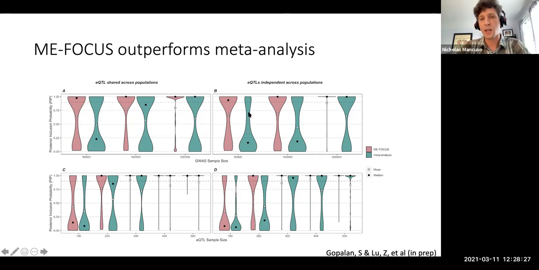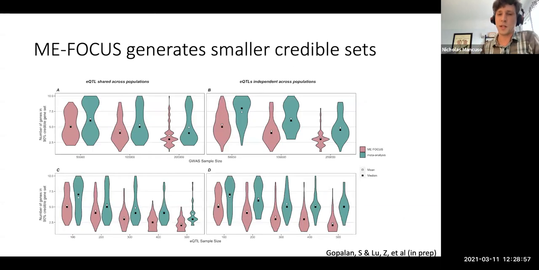The reason is that you essentially have large model violation. If you just meta-analyze the SNP data under a GWAS and throw European weights at it, it's completely the wrong thing to do. Down here we see similar results: if you keep GWAS sample size fixed but vary the reference panel sample size used to predict gene expression, again we see consistent outperformance of our method versus the meta-analysis. So under the most favorable situations, our approach works best.